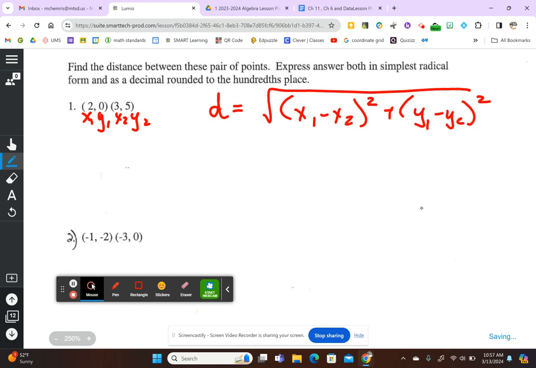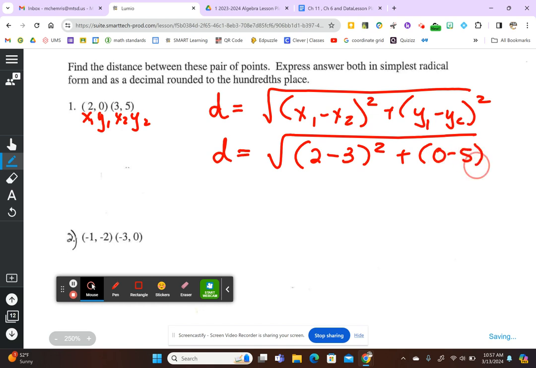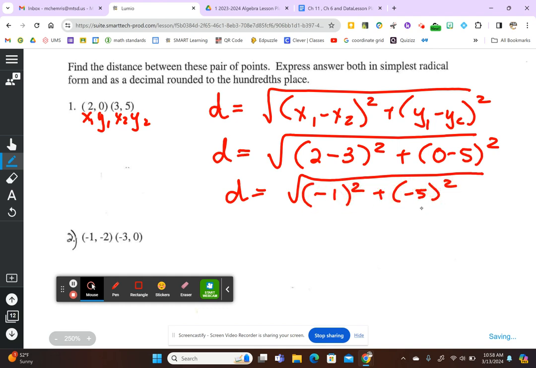And it does not matter which one comes first, x sub 1, x sub 2, and I can even mess them up since I'm squaring them. So here I'm going to do 2 minus 3 squared plus 0 minus 5 squared. I get d equals the square root of negative 1 squared plus negative 5 squared. And that becomes 1 plus 25, or the square root of 26.